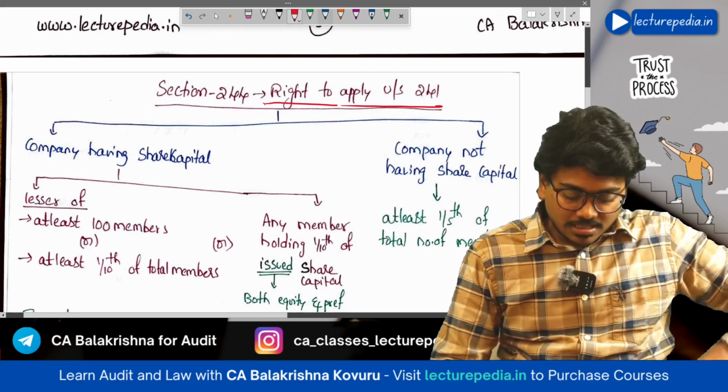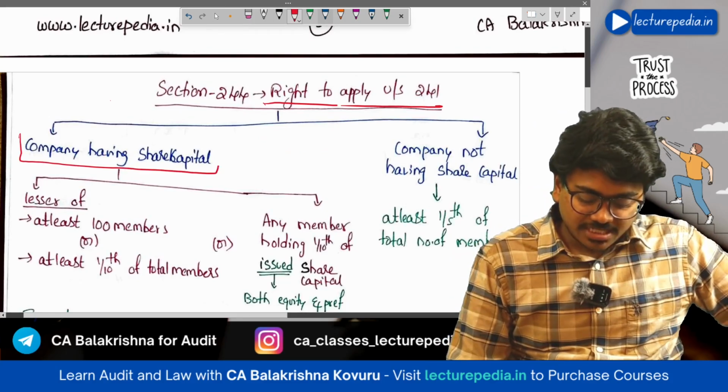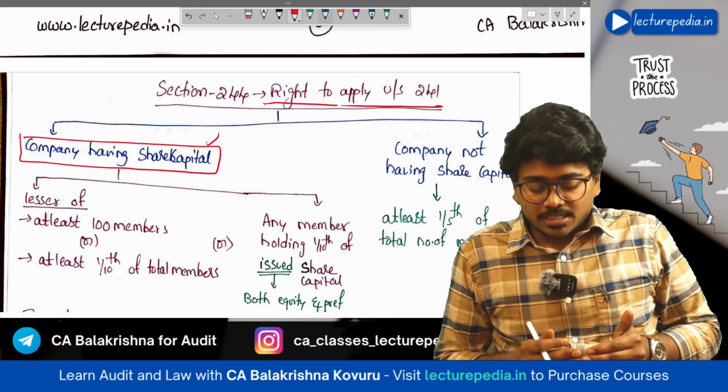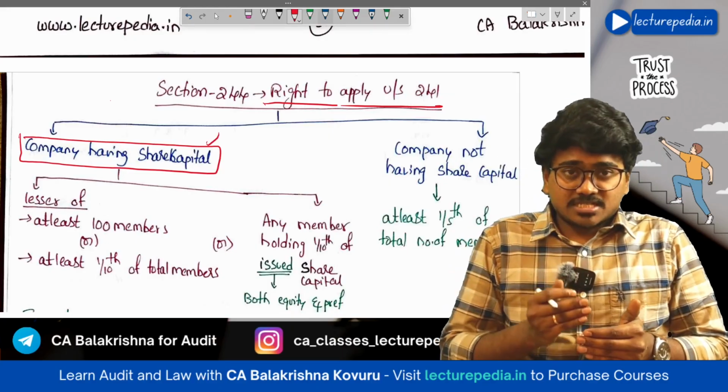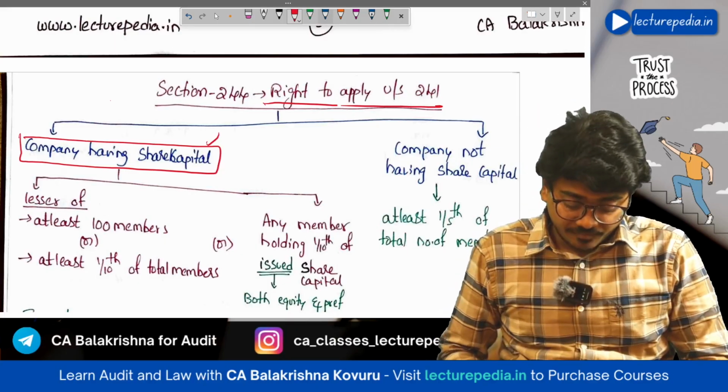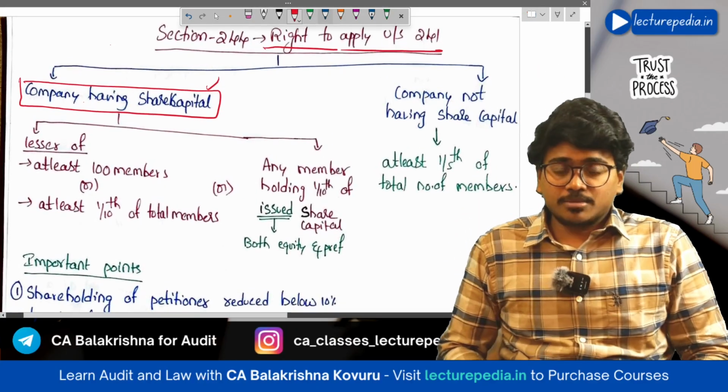See, if the company is having share capital, and the shareholders of such company wanted to file application under section 241, then at least this many members should file.